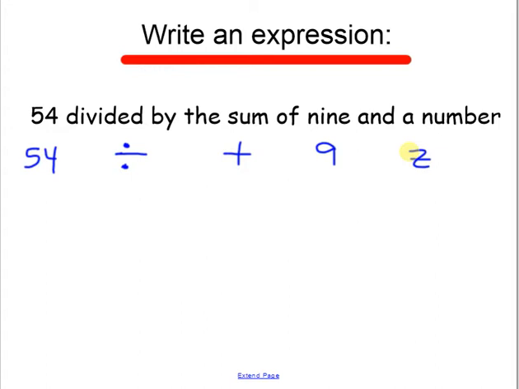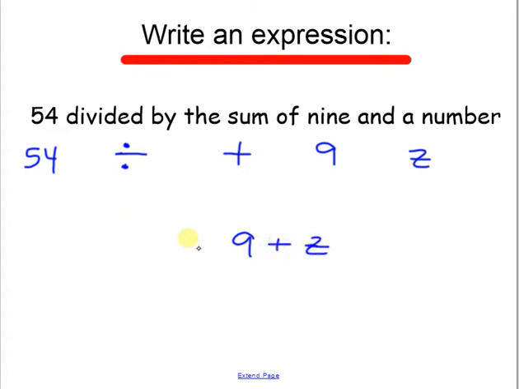Okay, so let's read it carefully. 54 divided by the sum of 9 and a number. I want you to ignore the 54 divided by for a minute. Let's focus on the sum of 9 and a number. That's going to be 9 plus z, right?